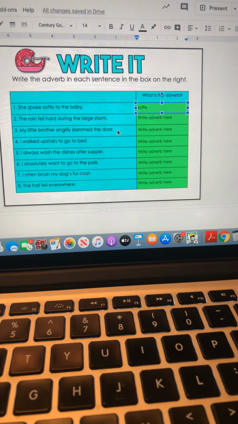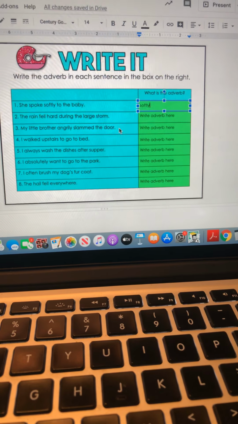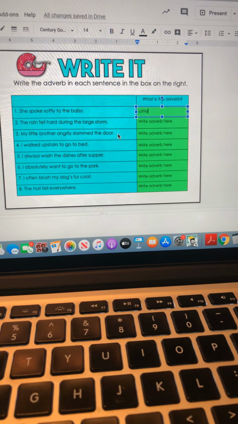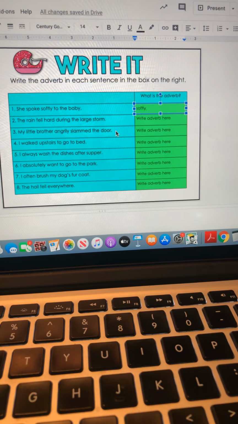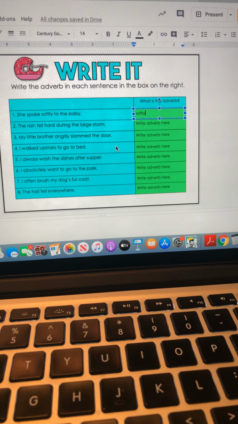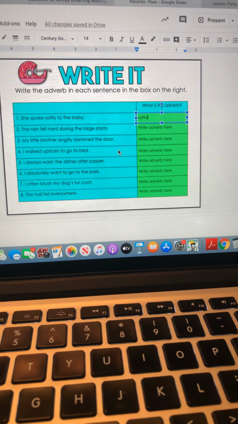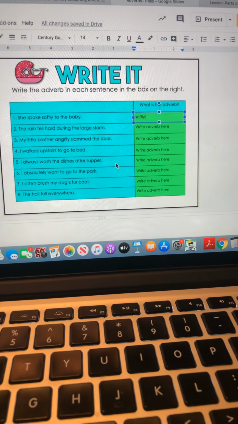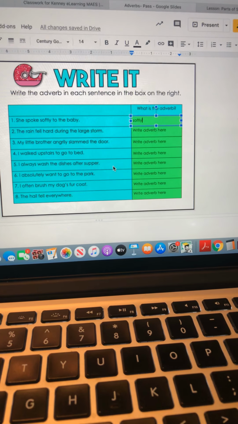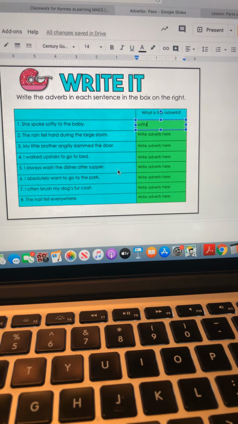Number 3, my little brother angrily slammed the door. Number 4, I walked upstairs to go to bed. Number 5, I always wash the dishes after supper.